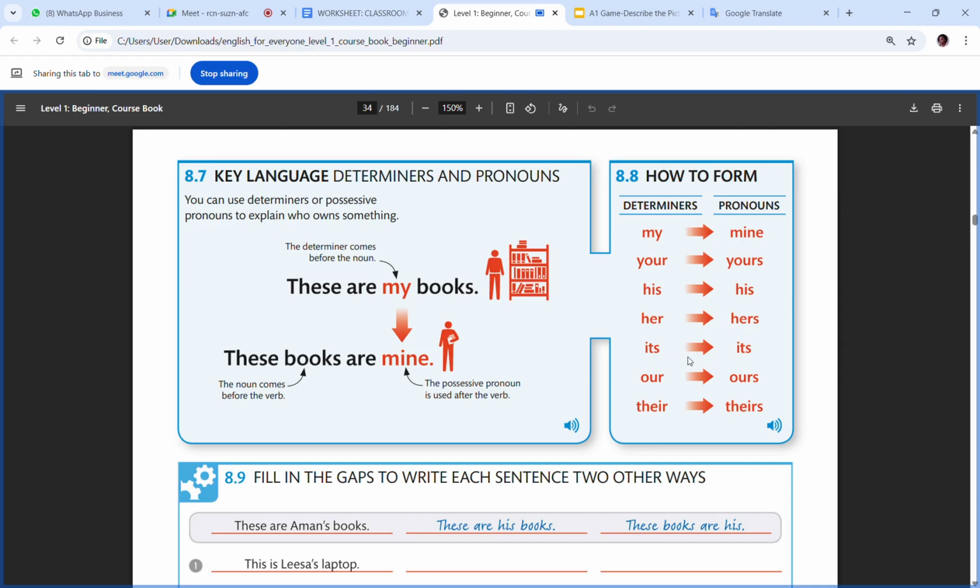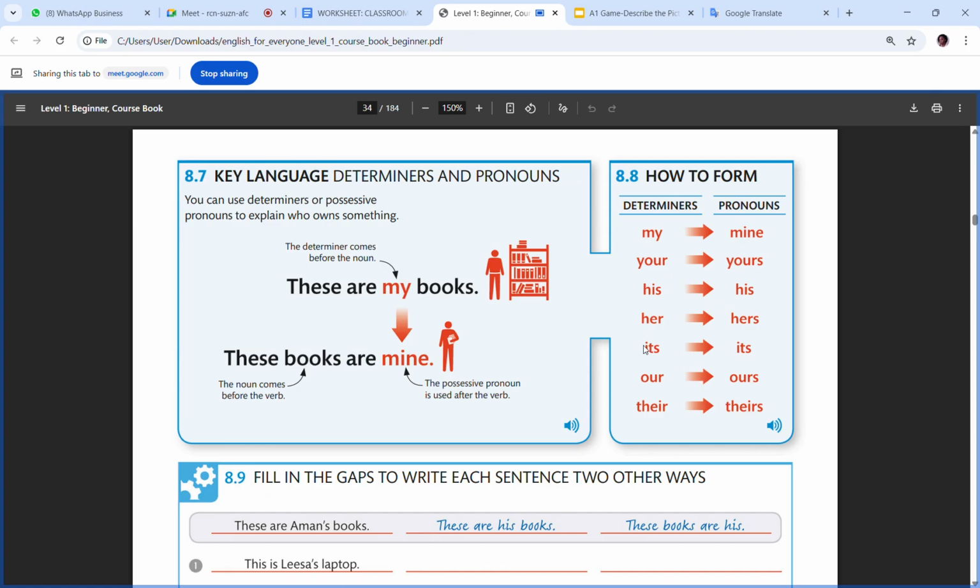Our becomes ours. You just add s. To all of them, you add s, except for my, right? It ends with s, okay? So our, ours, their, theirs.